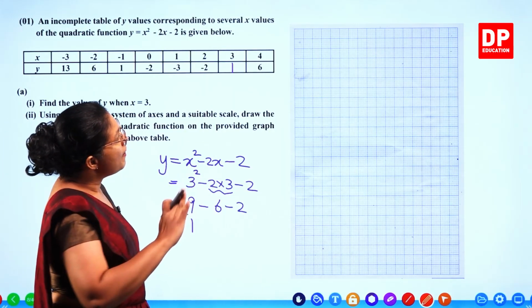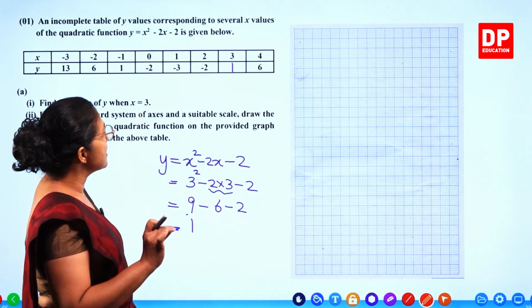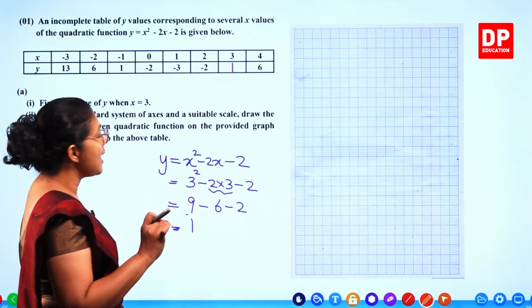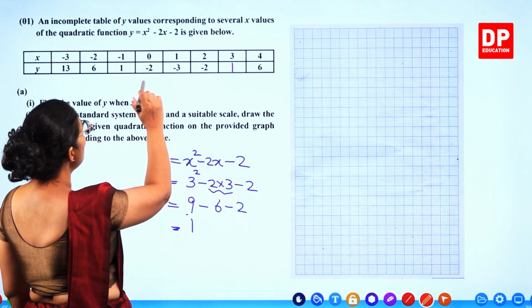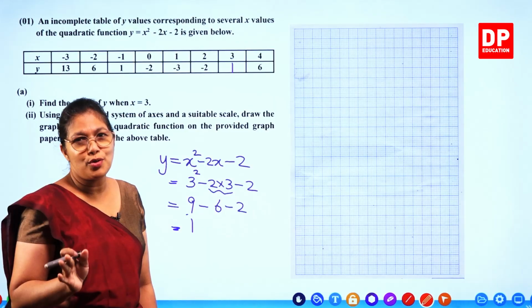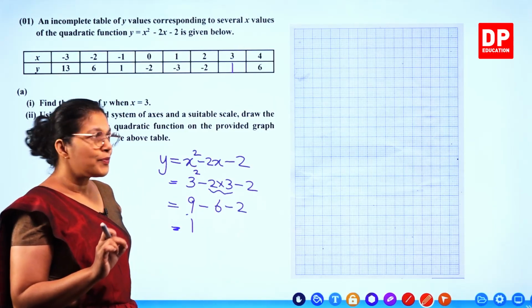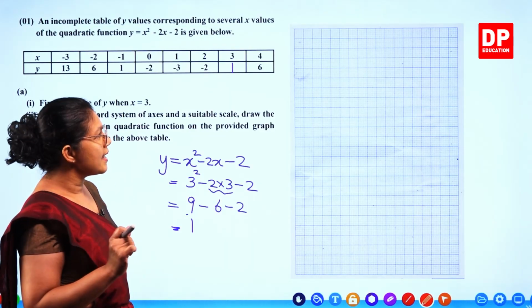So in the graph paper we can take 10 squares, 1 unit along the x-axis. What about the y-axis? 13 to minus 2. So you can't take 10 squares, 1 unit there. So what you have to do? We'll take 10 squares, 2 units along the y-axis.